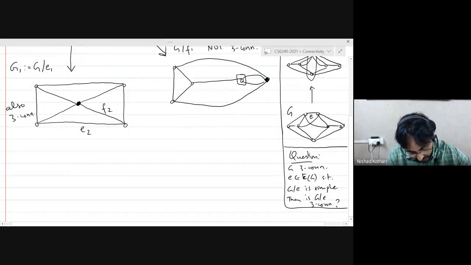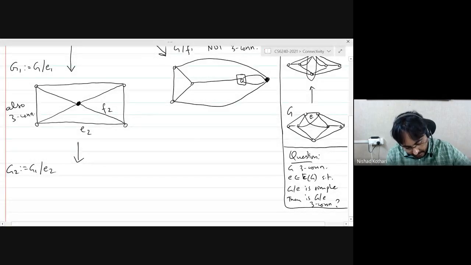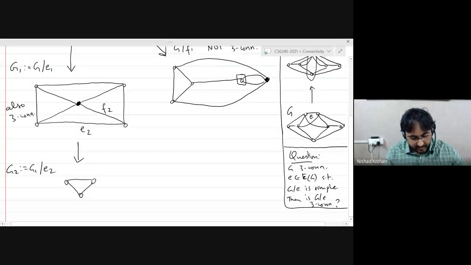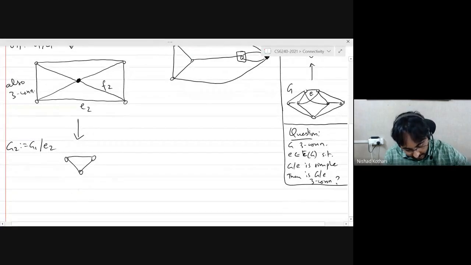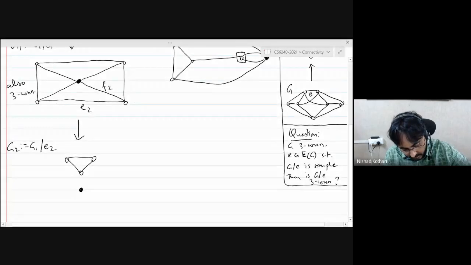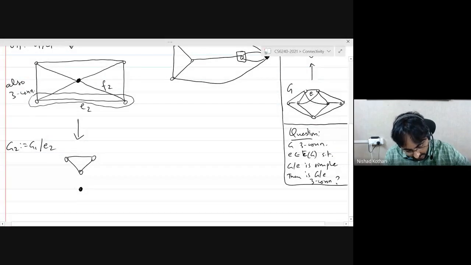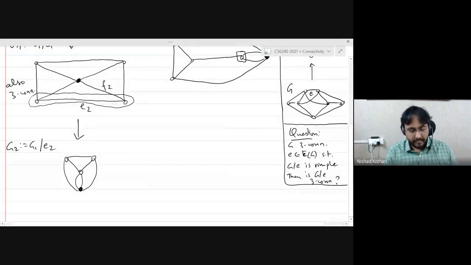So what happens if I contract E2? G2 is G1 contract E2. And in this case, I get this stuff, the upper triangle, and then I identify this into a single vertex. And then I will get two edges like this, and I will get this.